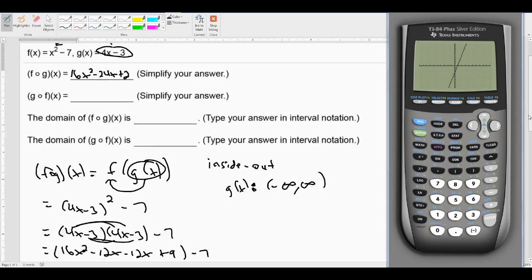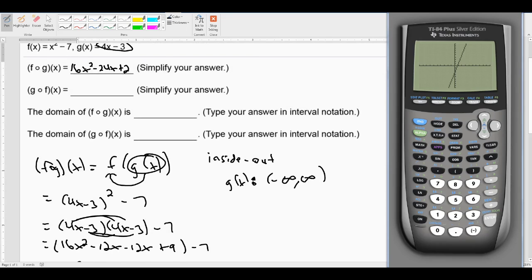Now we found the entire f op g function, so let's go ahead and graph that one. Hopefully you know it's a parabola, otherwise a big old U. It goes forever to the left and forever to the right, so the domain of that is negative infinity to positive infinity also.